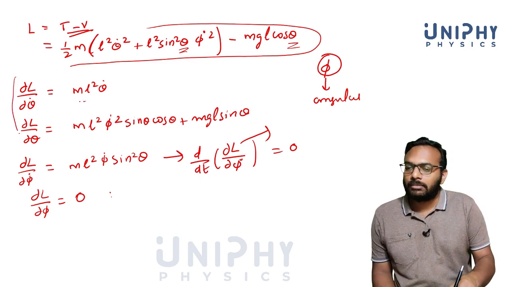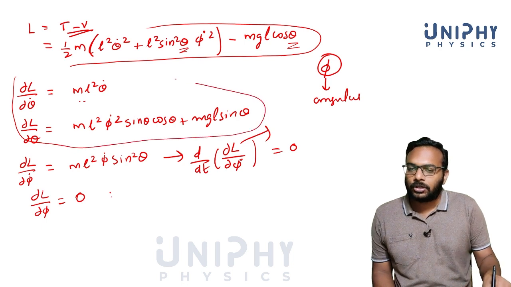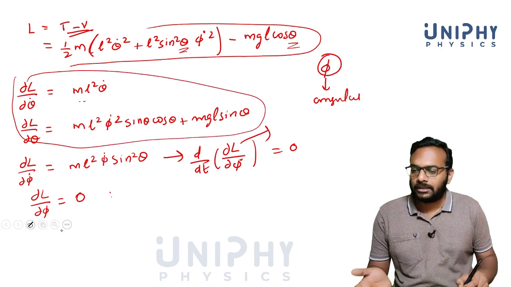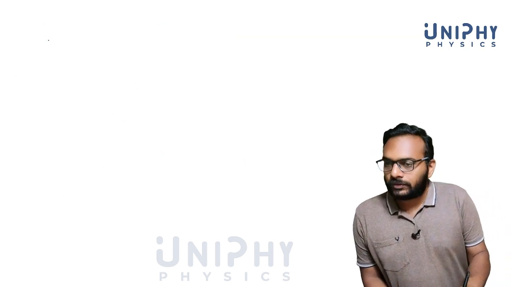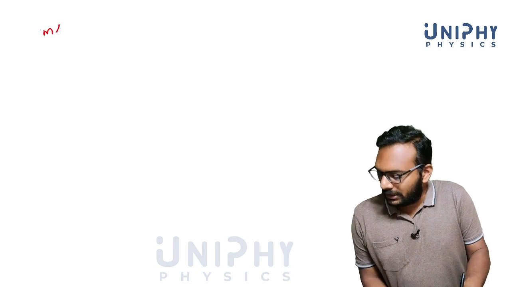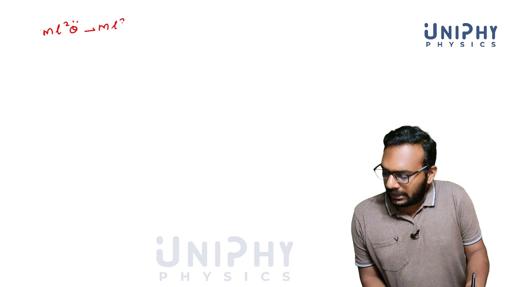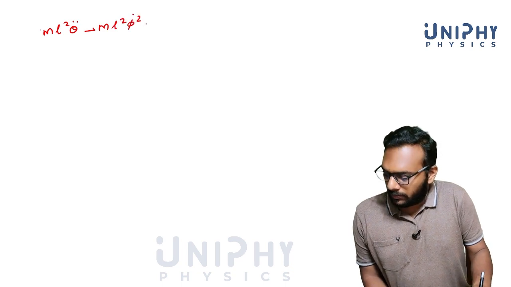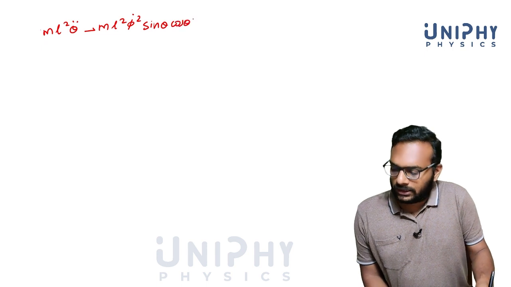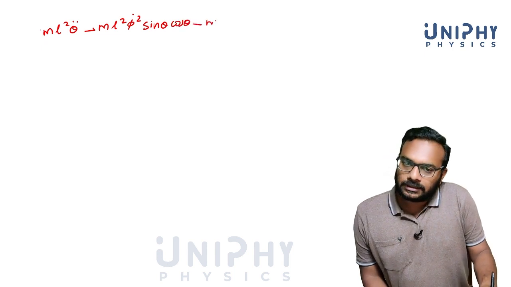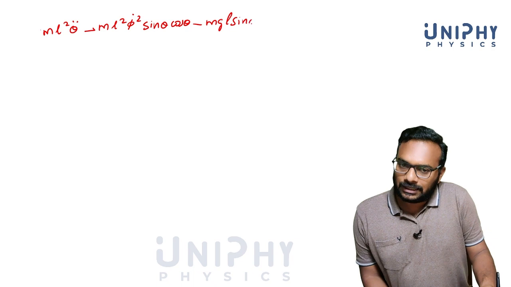Just do d by dt of dou L by dou theta dot is equal to dou L by dou theta, and you also find it for phi dot. I'll just write it down for you here. For theta the equation becomes ml square theta double dot minus ml square phi dot square sin theta cos theta minus mgl sin theta is equal to 0.